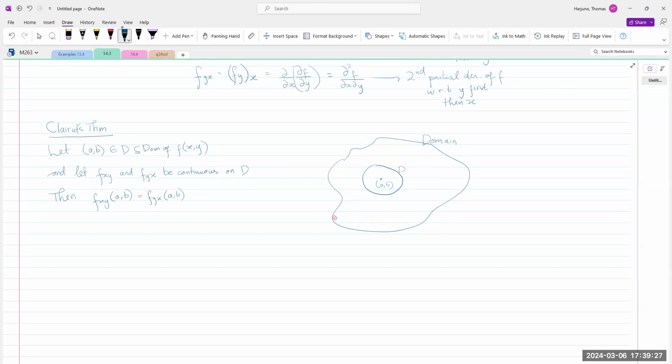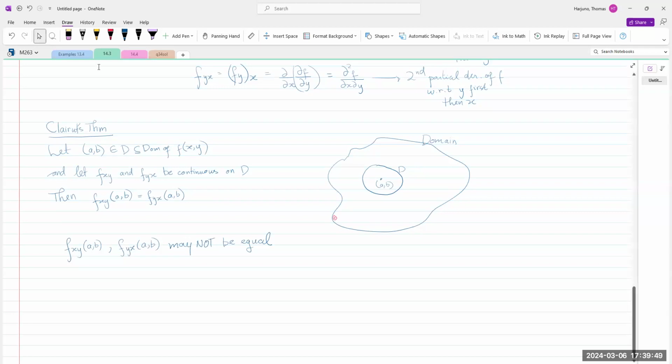In other words, what Clairaut's theorem says is that without these conditions, f sub xy at (a, b) and f sub yx at (a, b) may not be equal.